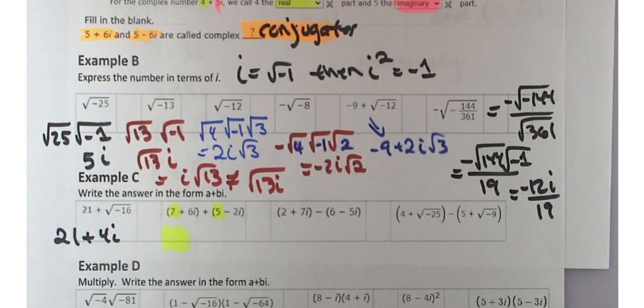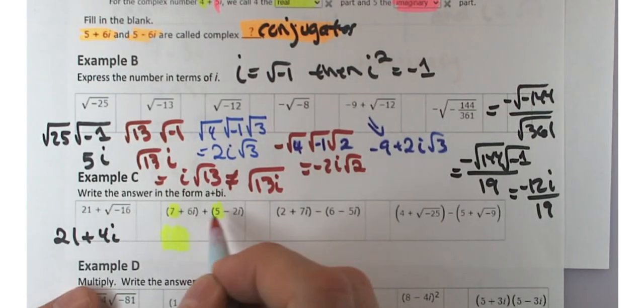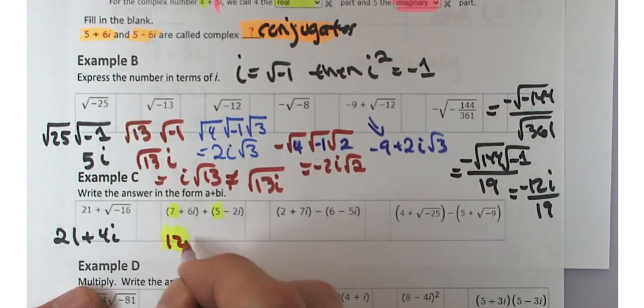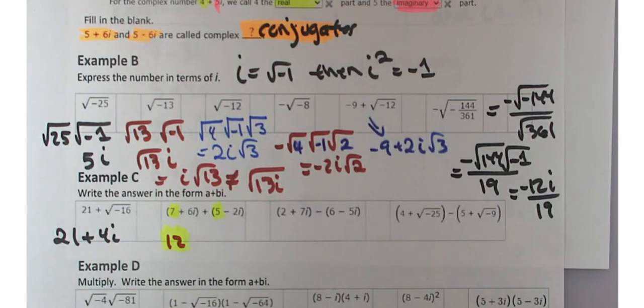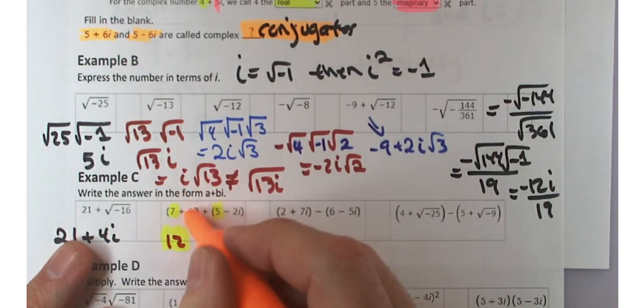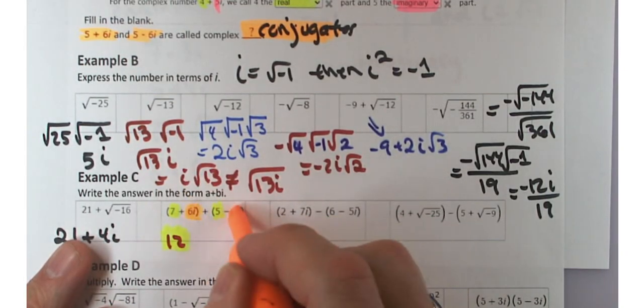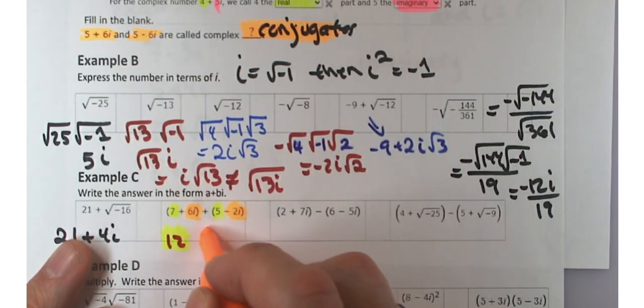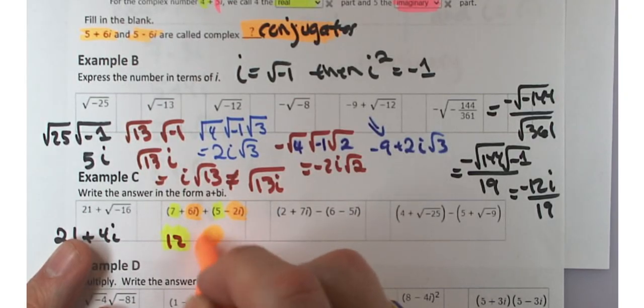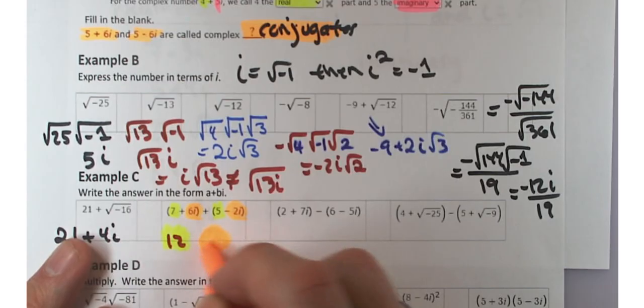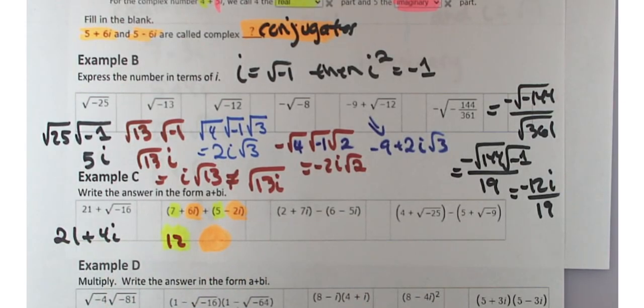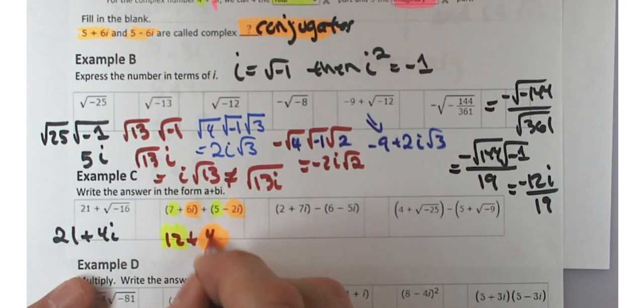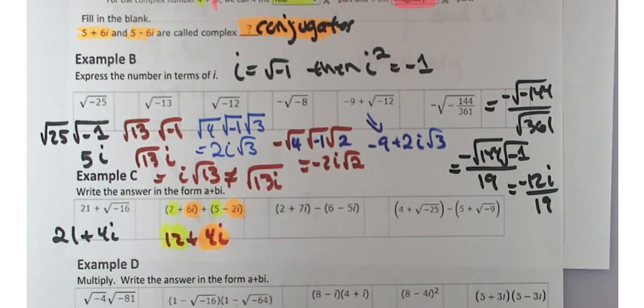So that's not a real big thing here. 7 plus 5 is going to be 12. And then you're going to add the imaginary parts. So what's 6 plus negative 2? 4i. Yeah. So we'll end up with 12 plus 4i. And that's it. You're done.